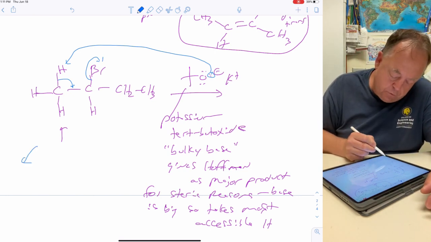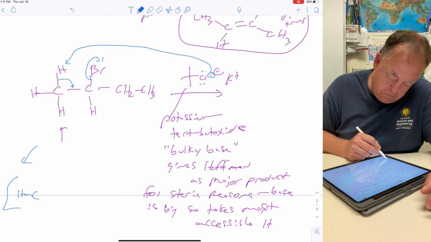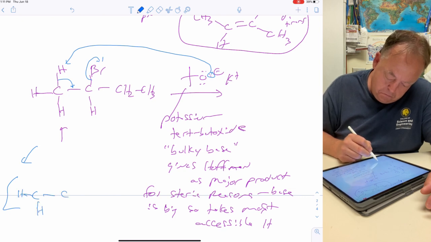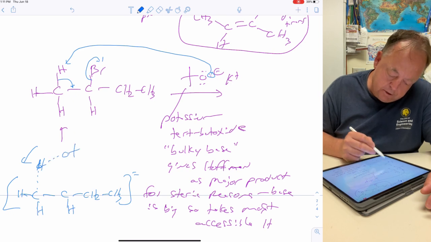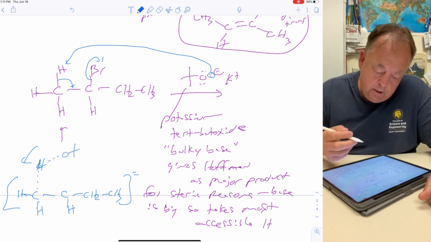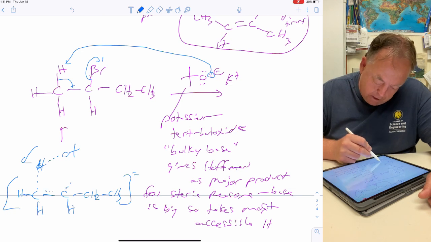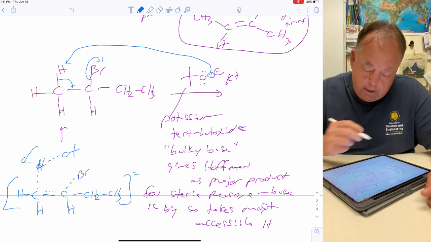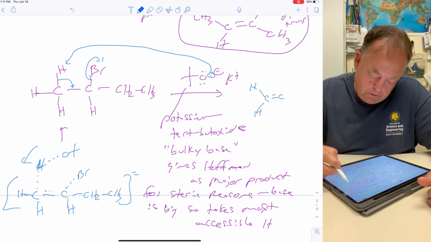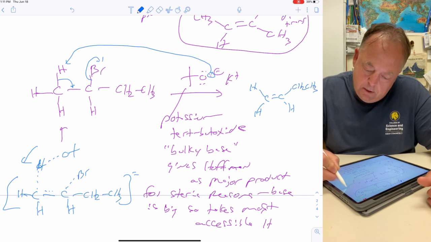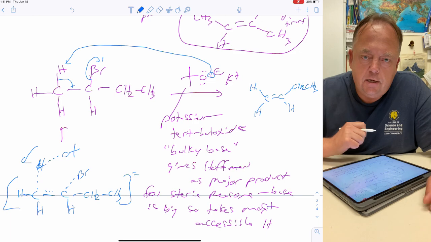So a transition state would look like this, so we're breaking that bond, and it's making a bond to the tert-butoxide, making a double bond and breaking the carbon-bromine bond. And then your major product would be that, which of course does not have a cis or trans isomer.